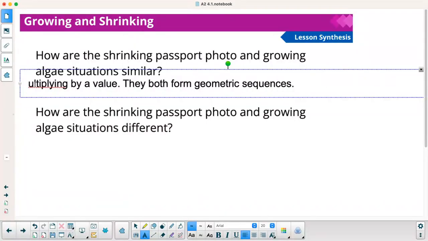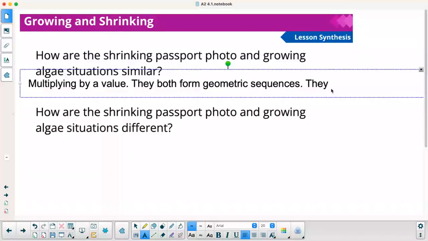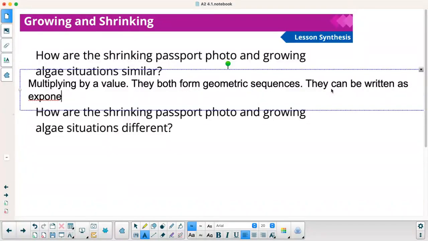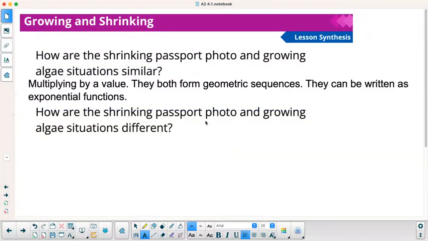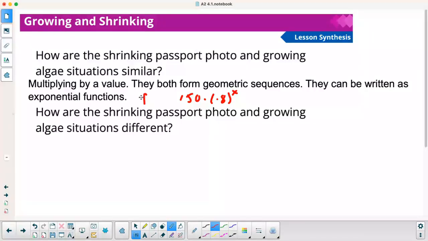I would also say that they can be written as exponential functions. For example, the passport photo, I think you start out at 150. So you could say 150 times 0.8 to the x is my f of x.